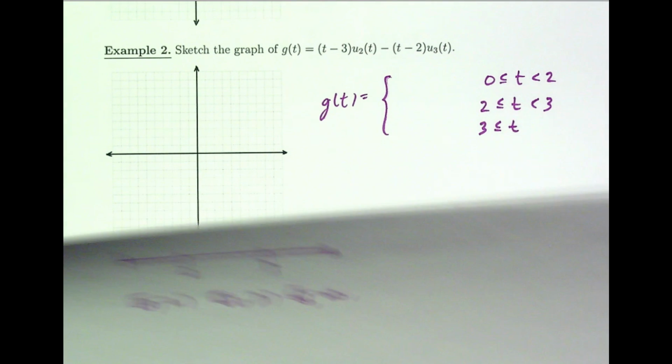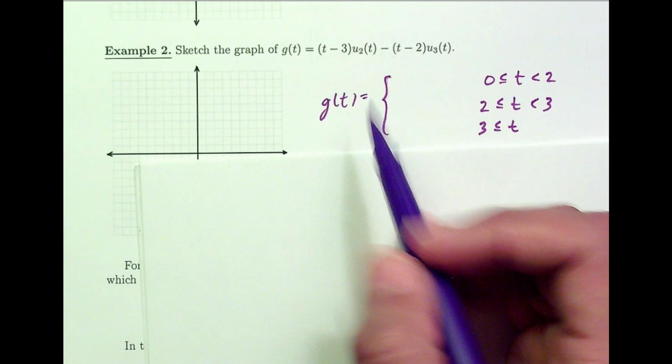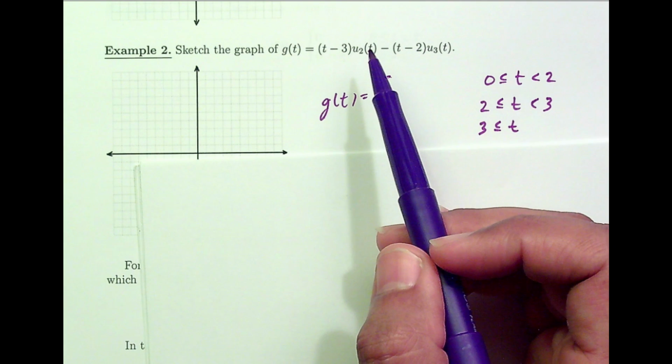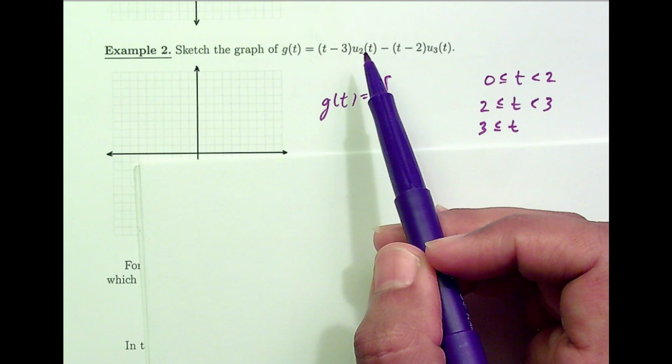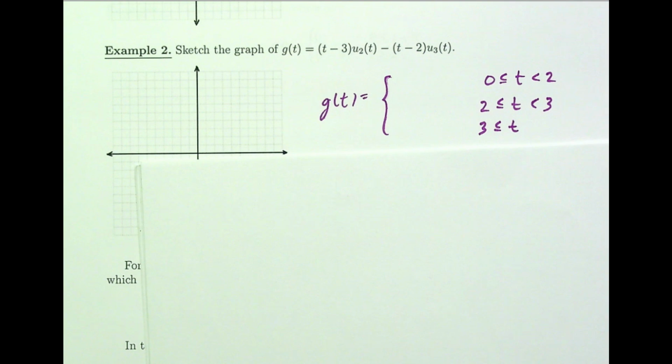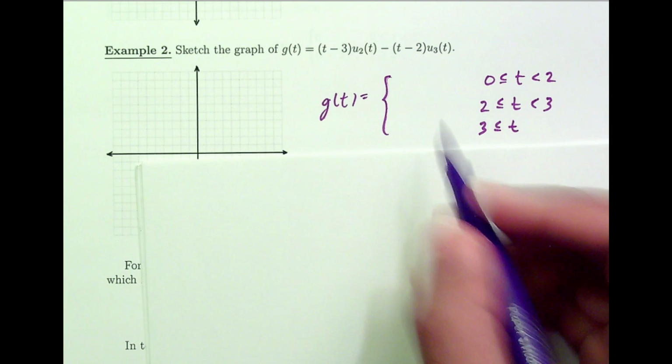If I were to pick a number, let's say like 1, then when I plug in 1 in u2, I would get 0. But now we have to do this in the abstract again because this is not a constant coefficient, so we have to think about it a little bit more in the abstract.